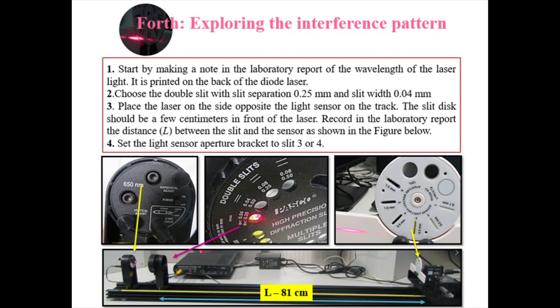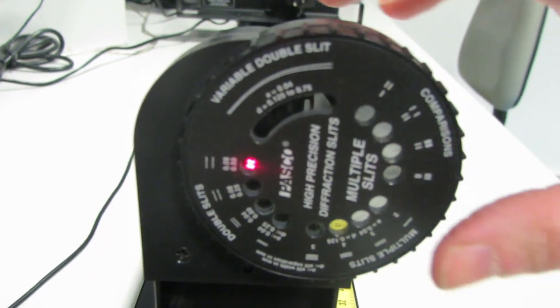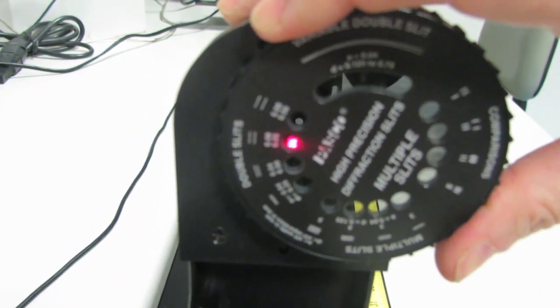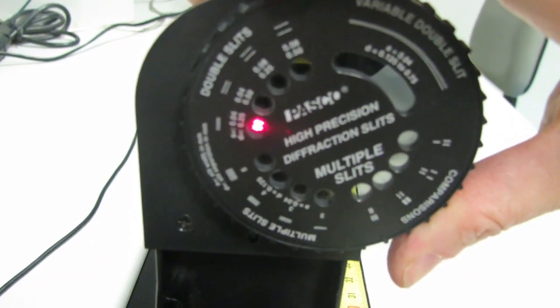Set the light sensor aperture bracket to slit 3 or 4. Choose the double slit with the slit separation 0.25 mm and slit width 0.04 mm.